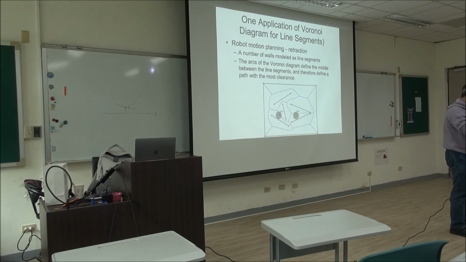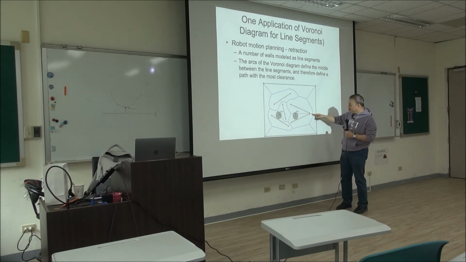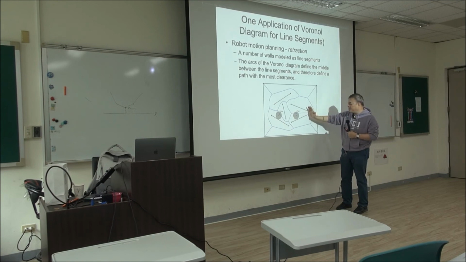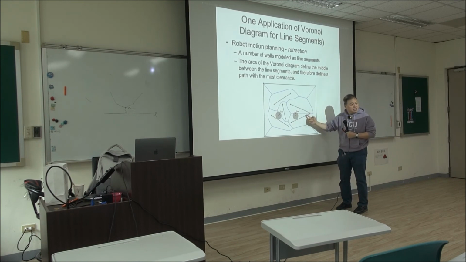For example, here we have an edge that goes through here, but we will not include this whole edge. We will only include this edge up to here, but not here.